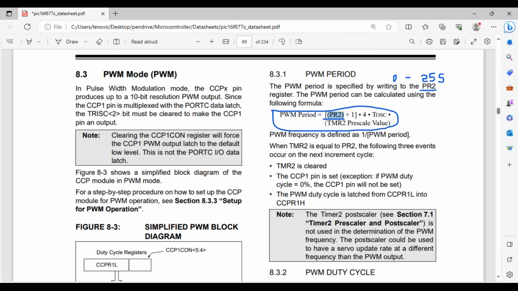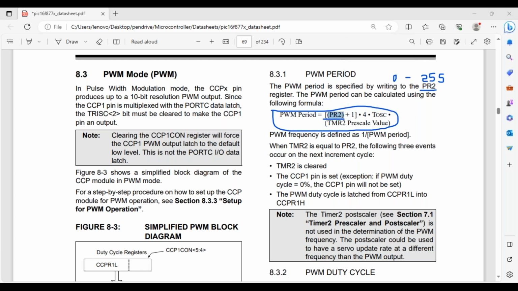Maybe tomorrow you may come across a microcontroller where you have to write the period into the Timer 1 register. It can be anything. According to our microcontroller, I have to write the period to the PR2 register.